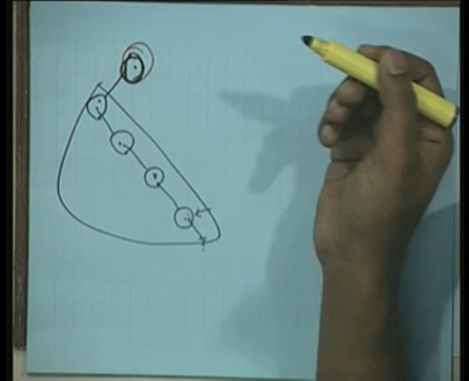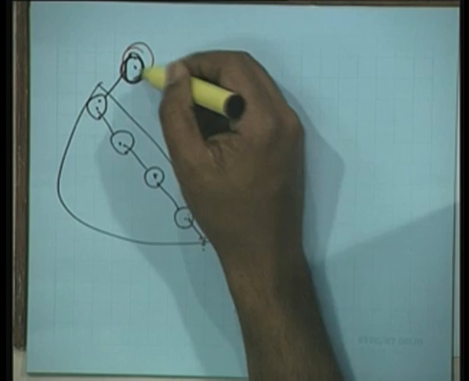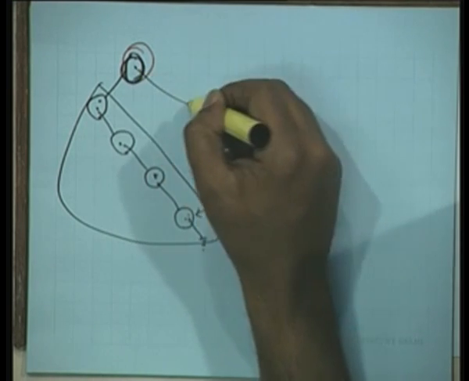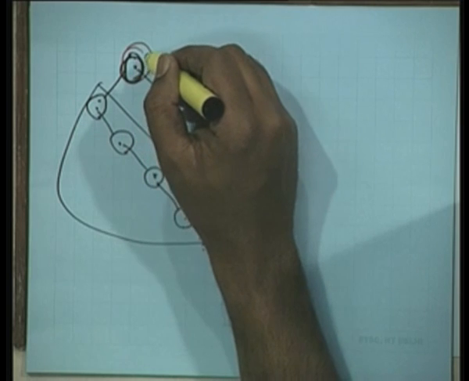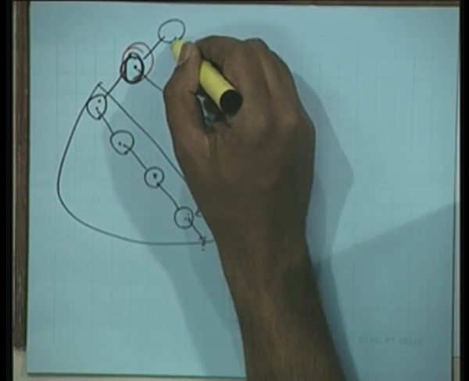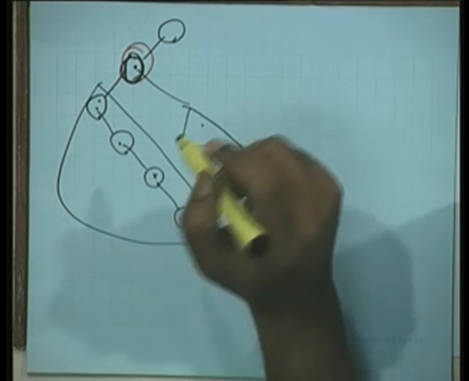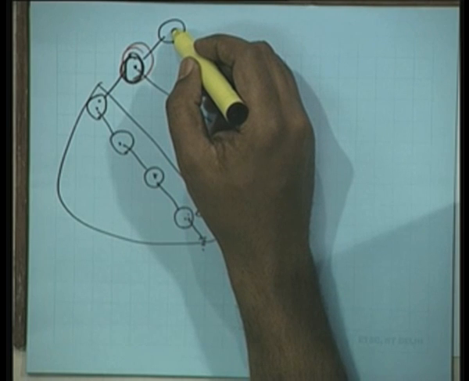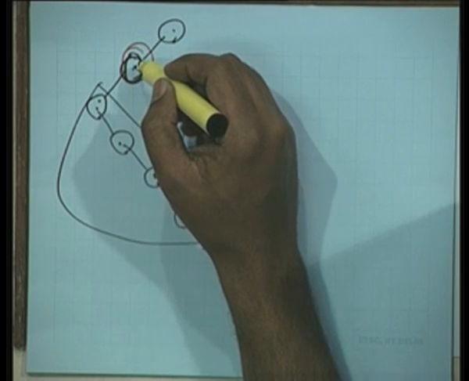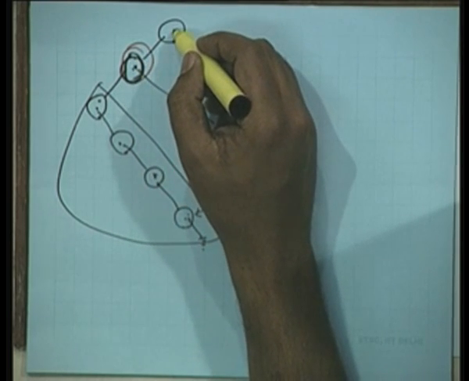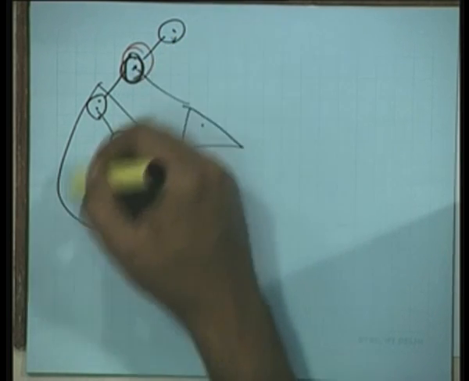Could the successor have been somewhere else? Could it have been to the right of this node? The right will be greater, because all of these are going to be larger than this. Can it be an ancestor of this node? If this ancestor is less than this, it is also less than the entire thing.